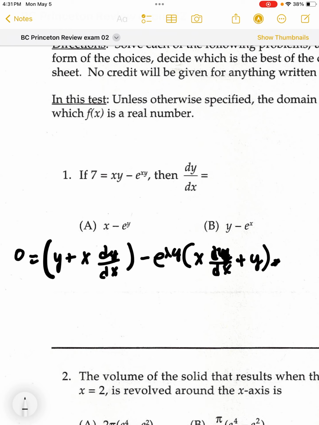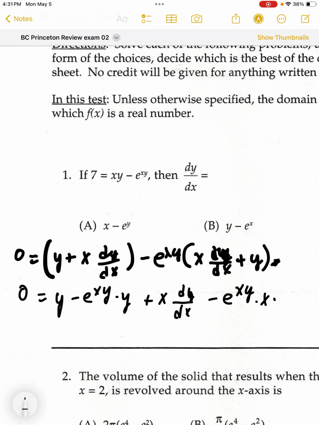Right, this equals 0. We're also going to isolate the non-dy/dx terms from the dy/dx terms. So we get 0 equals y minus e to the xy times y, plus x dy/dx minus e to the xy times x times dy/dx.